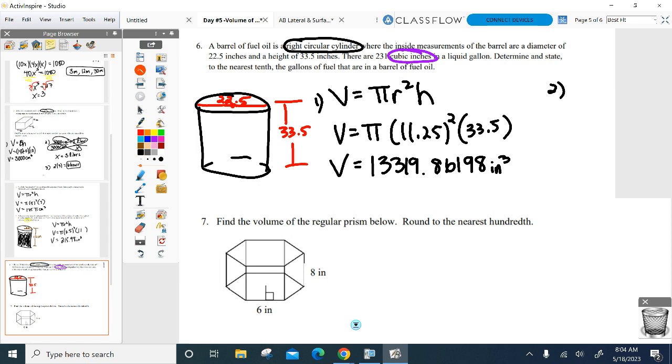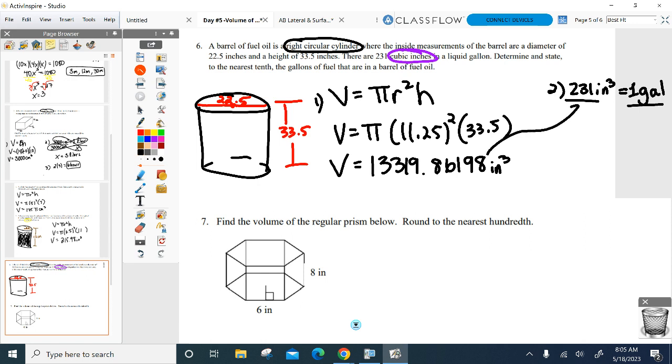Now we got to convert it into gallons, right? So I write my conversion. 231 cubic inches equals 1 gallon. Make a proportion out of it if you don't know what to do with the 231.